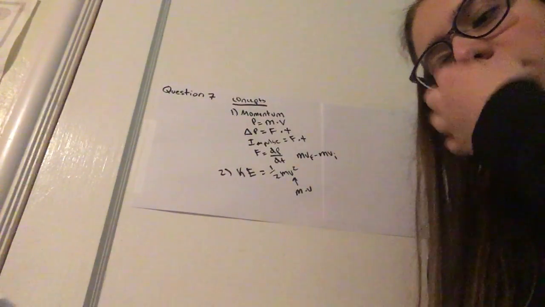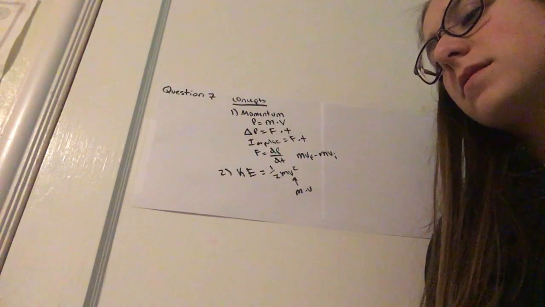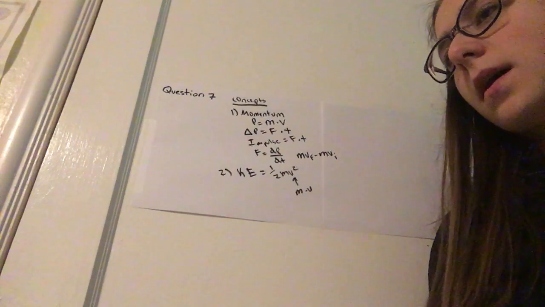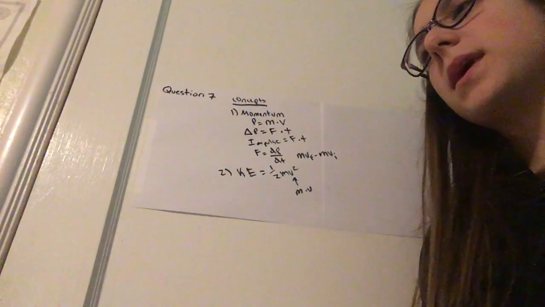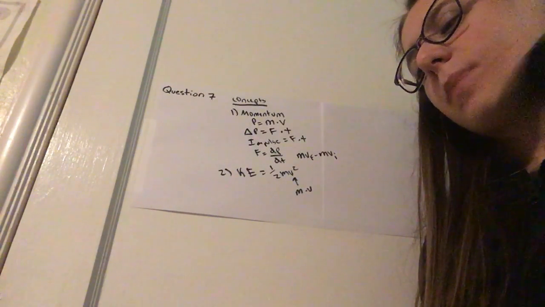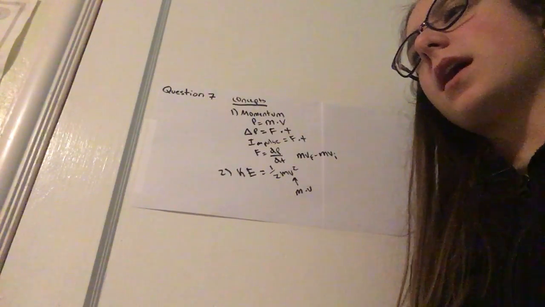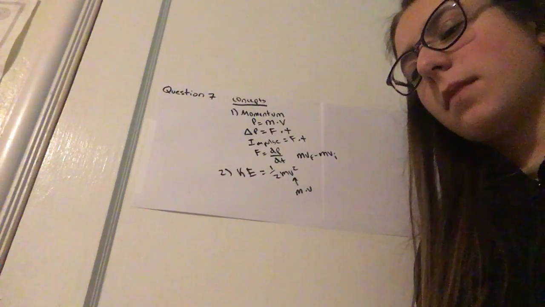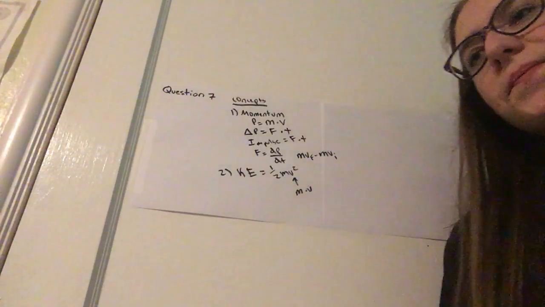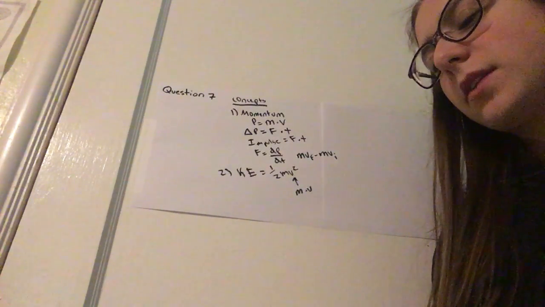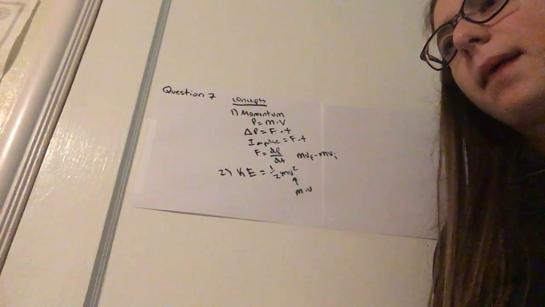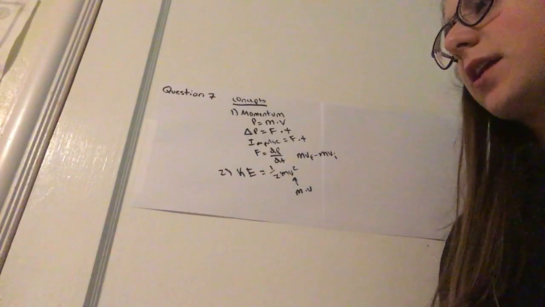Okay, so basically what's happening is cart A is moving towards cart B, and then it gets compressed by the spring, and then a force is causing it to move in the opposite direction. So we're trying to look at what happens to momentum and what happens to kinetic energy.